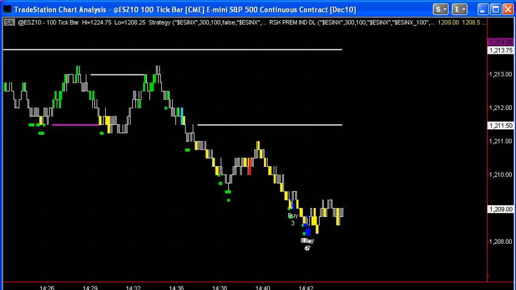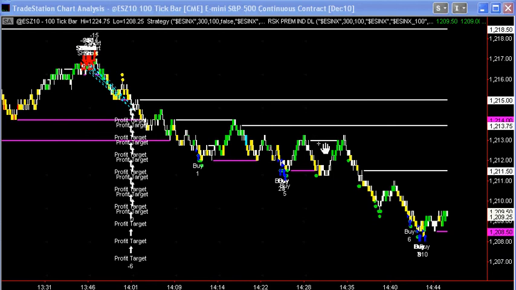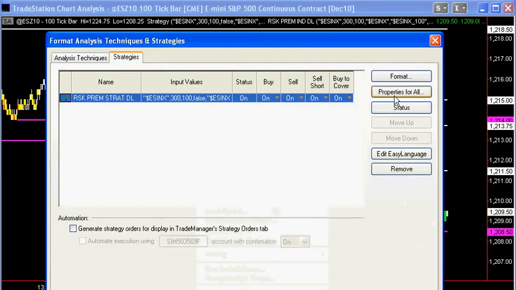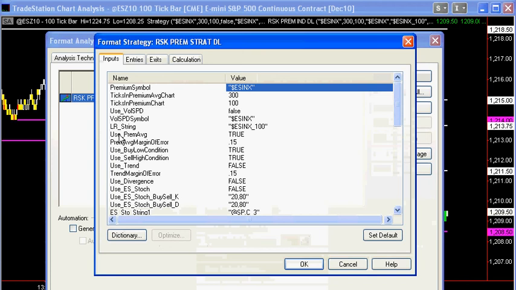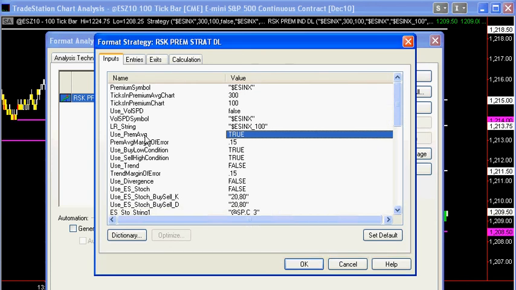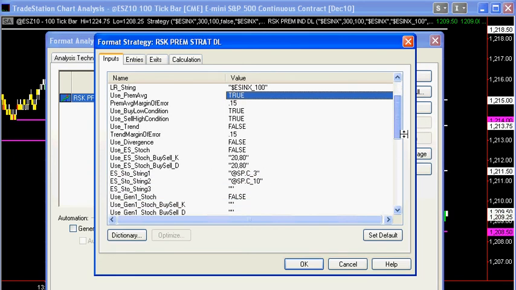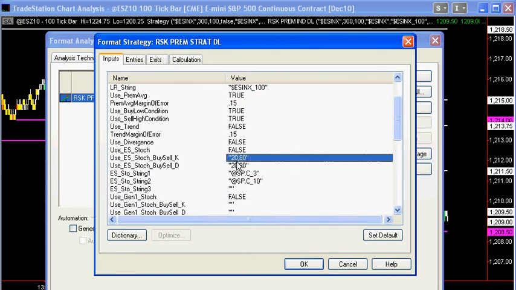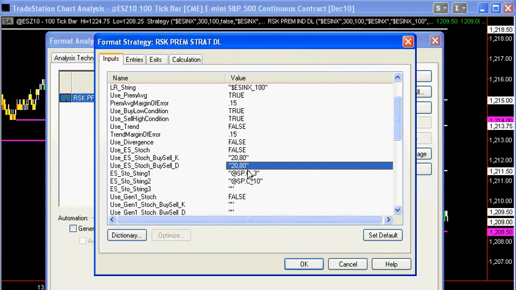This screen, we're now looking at our pivot setting. Our pivot setting uses the Prem average field, our buy low, sell high condition field, as well as stochastics, allowing us to isolate where we want the trade to take place based upon specific overbought and oversold ranges.